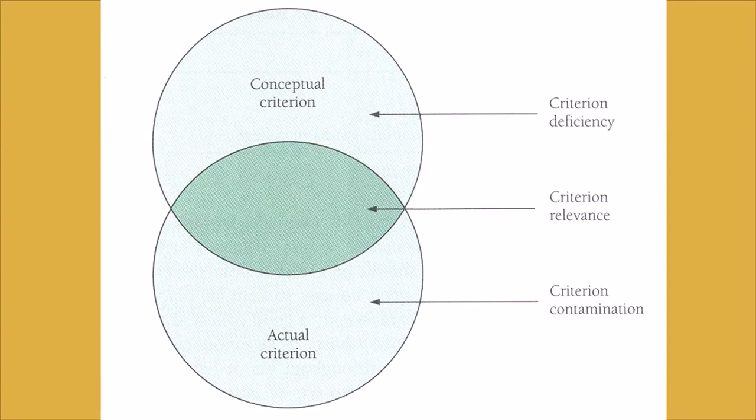If all of performance is not measured in our evaluation, we call it criterion deficiency. So this upper circle has everything that we expect the employee to do. But when we measure, we often don't capture all of that. We capture a portion of it. So the portion we're missing is our deficiency.